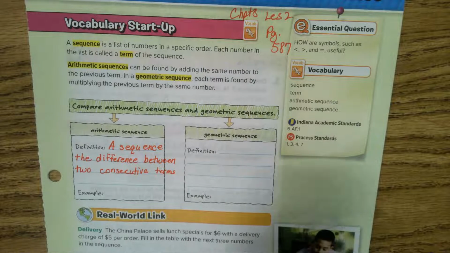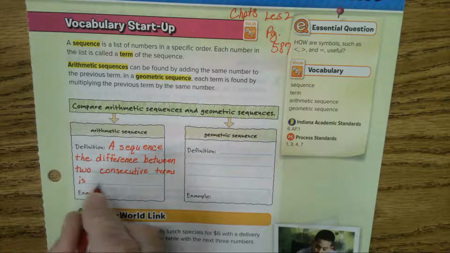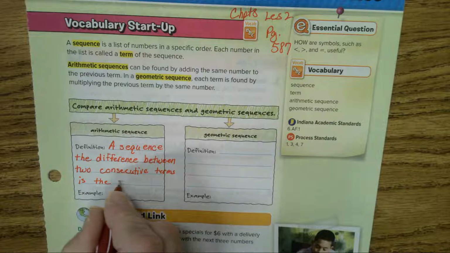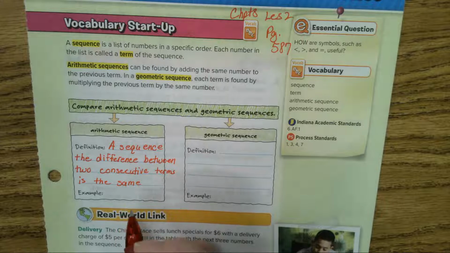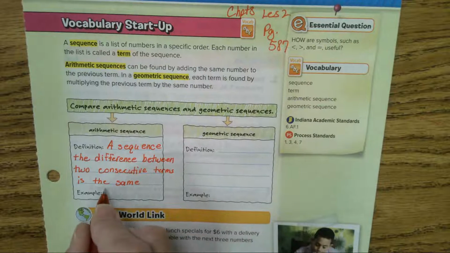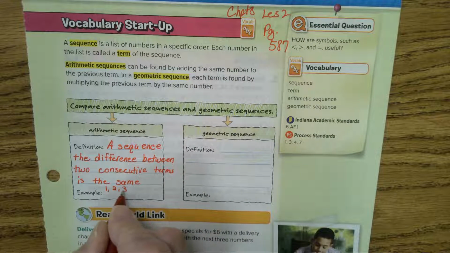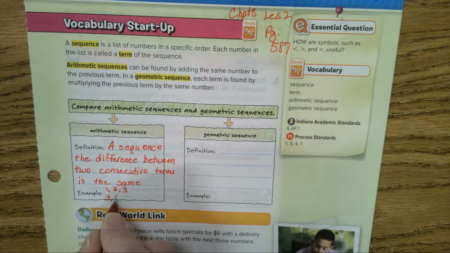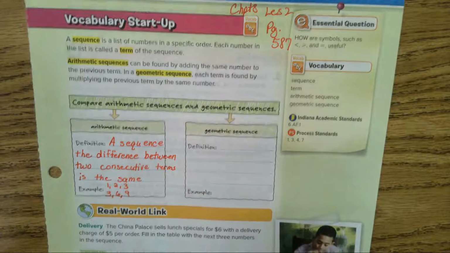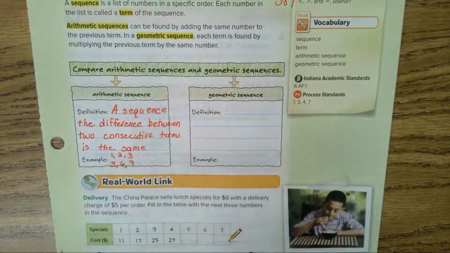Terms is the same. So 1, 2, 3 would be an example. They're all one apart. Another example, let's say 3, 6, 9. They are consecutive numbers. We are counting by what? Threes. So those are consecutive numbers when counting by threes.